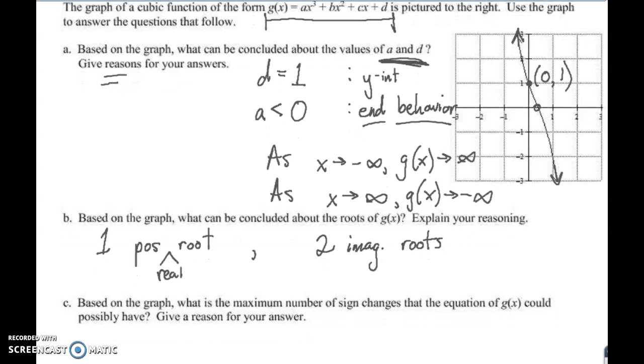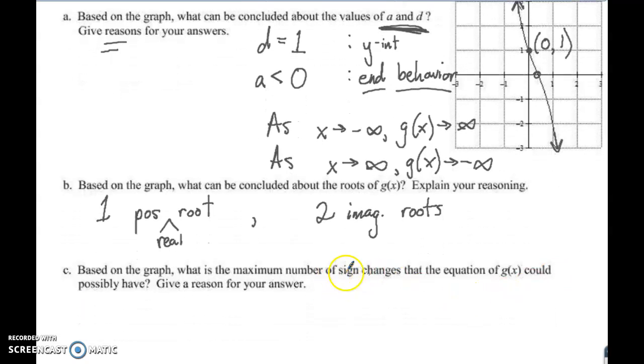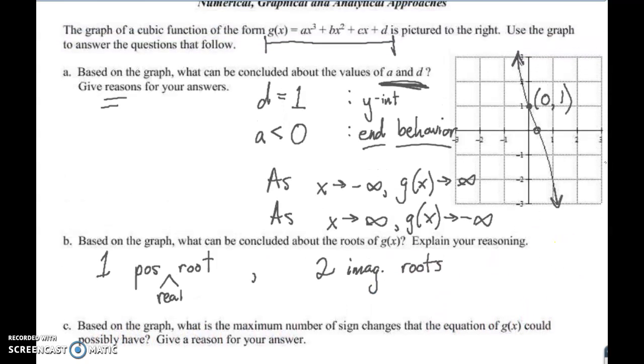And on the next part, what's the maximum number of sign changes that the equation of g of x could possibly have? I mean, I would go ahead and say that you could have 3 sign changes. The only issue is you have a negative, so then it would have to be a positive, negative, positive, which could happen.